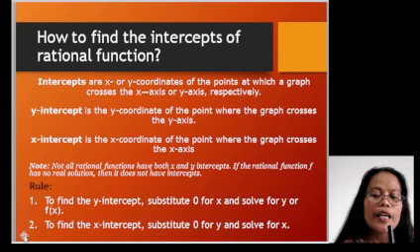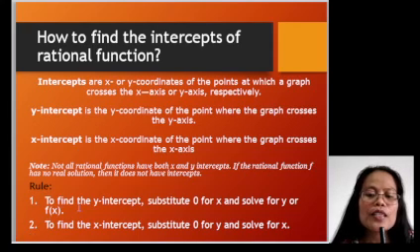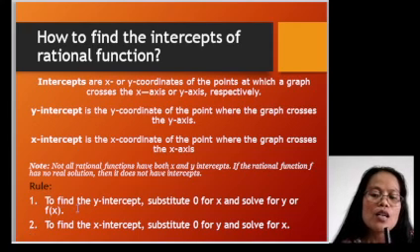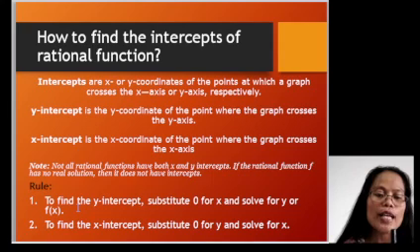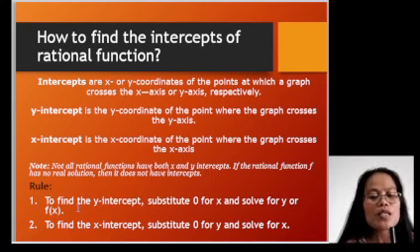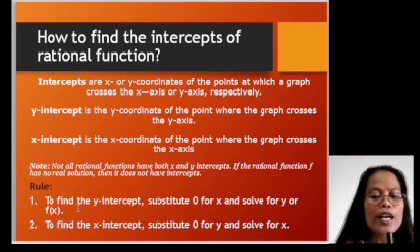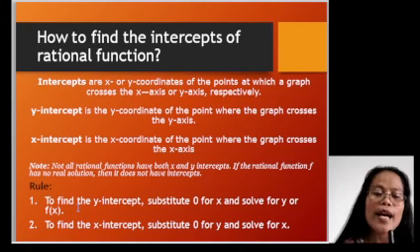And to find the x-intercept, you substitute 0 for y and solve for x. So it's just vice versa.